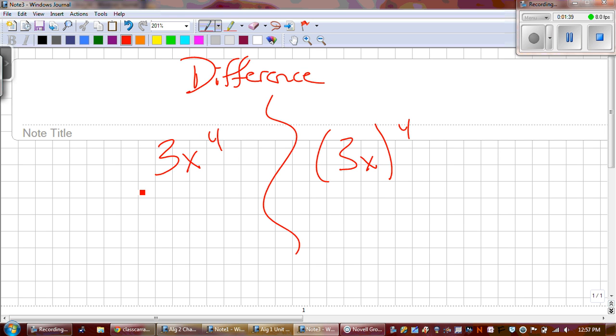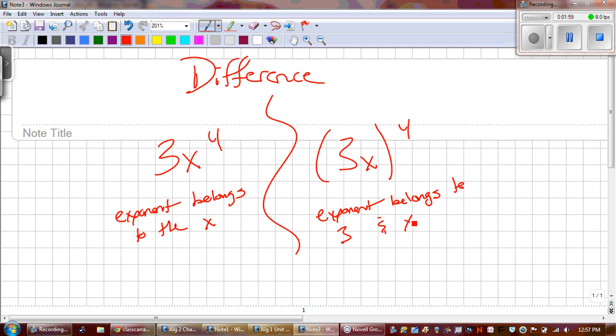In the first one, the exponent belongs to the x. Over here, the exponent belongs to the 3 and the x. Those parentheses make a huge, huge difference.